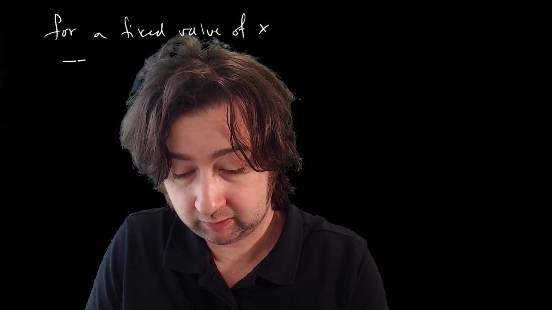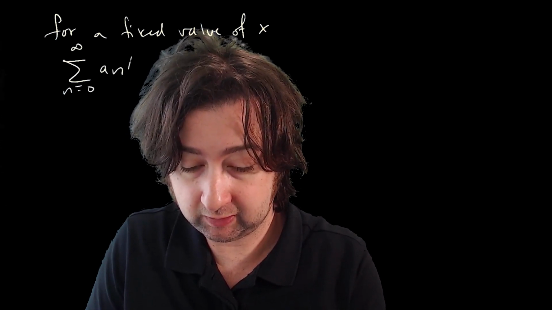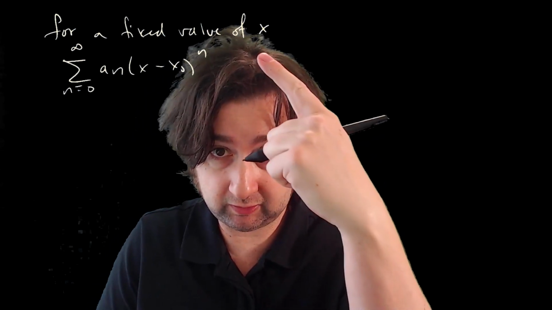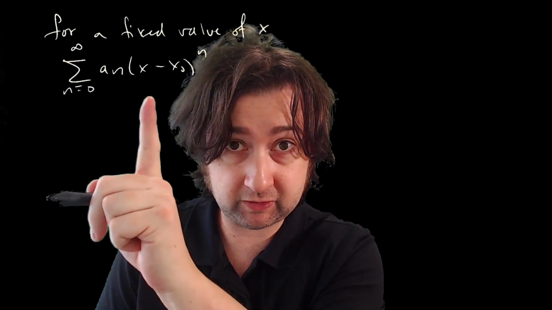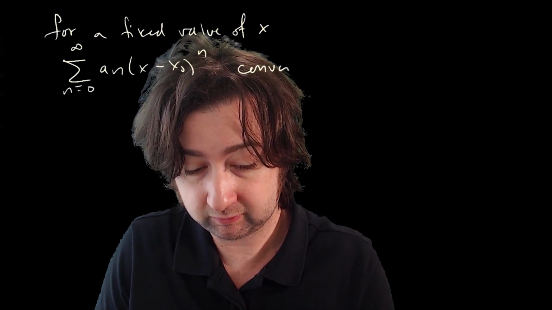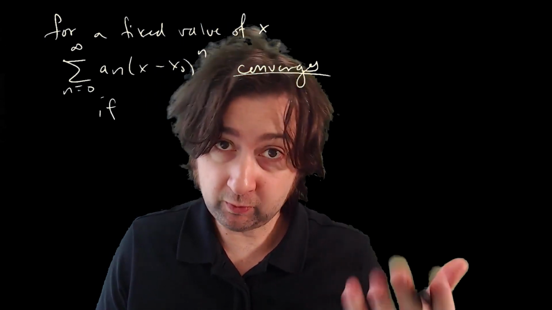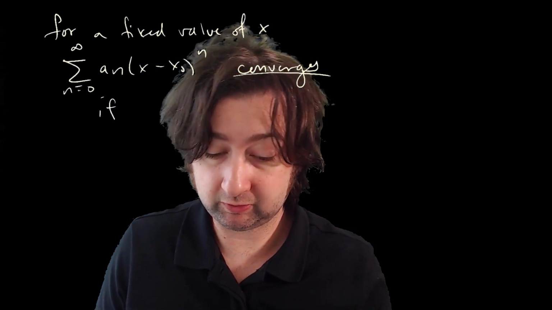So let's just pick some value of x. For a fixed value of x, the sum from n equals 0 to infinity of a_n (x minus x_0)^n, so the idea here is I've taken this x and I've actually put it right here. It's a fixed value now, so this is just some number, converges if, like before, the limit of the partial sums converges.